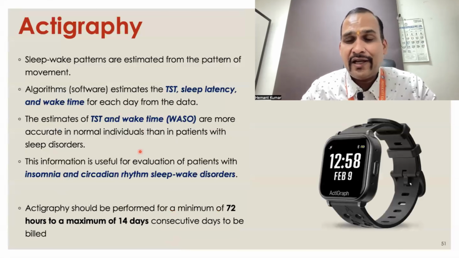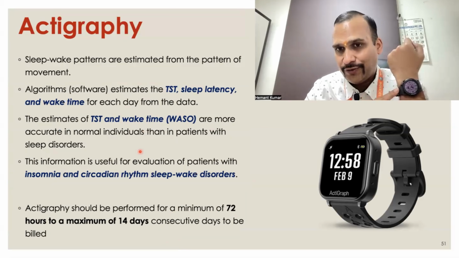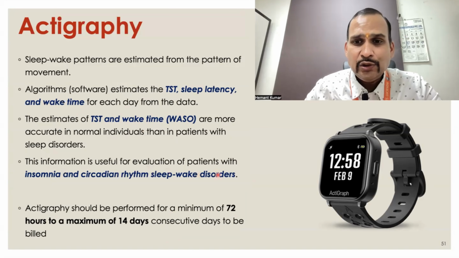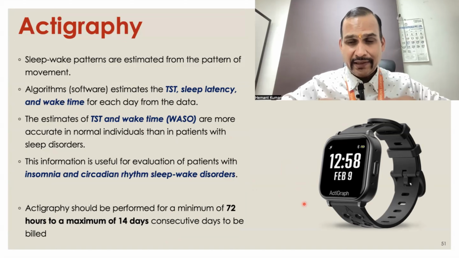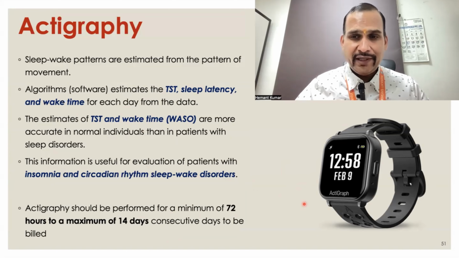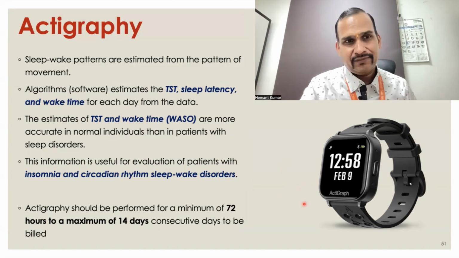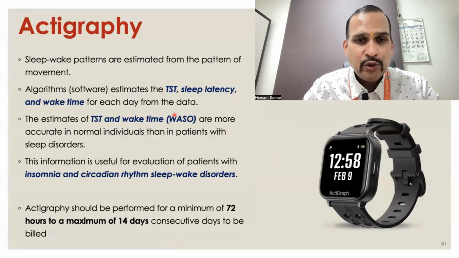Another device is actigraphy. This looks like a watch, our watch. This watch detects movement. When you are moving, it will tell that you are awake. When there is complete reduction in movement, it will tell that the patient has slept. So this is like a sleep diary.